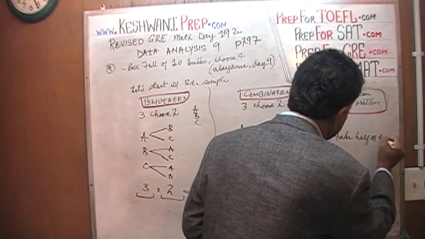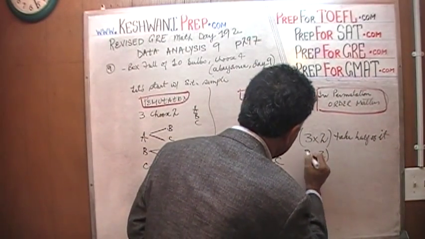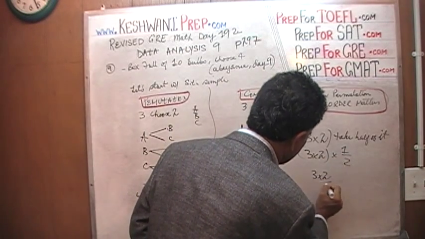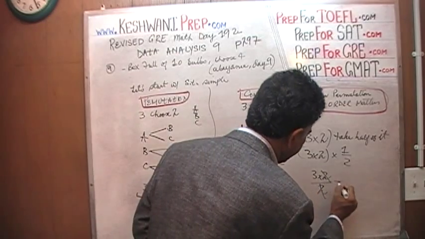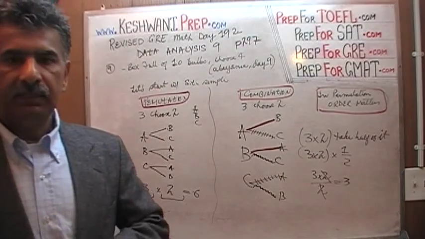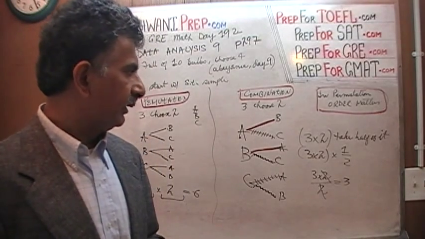So 3 times 2 times half, which is the same as 3 times 2 over 2, and the 2 cancels out, and the answer is 3. There are 3 ways of choosing 2 people out of 3.